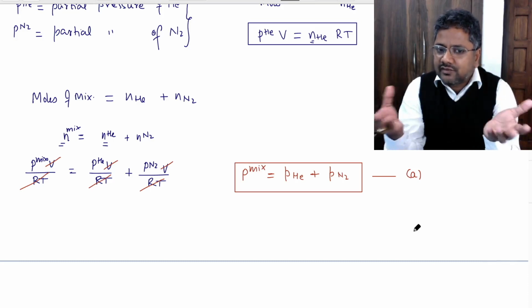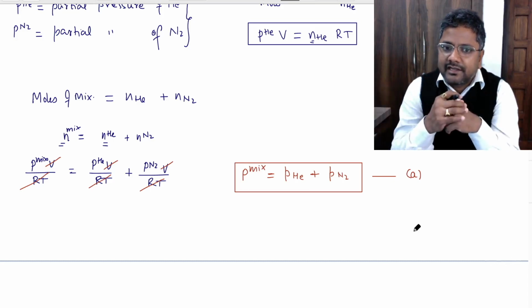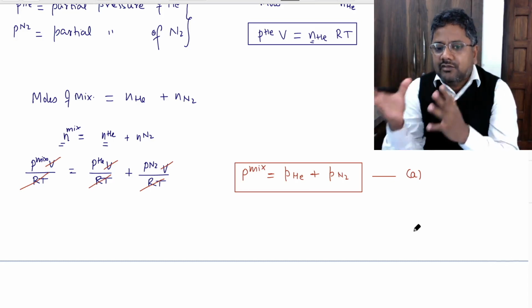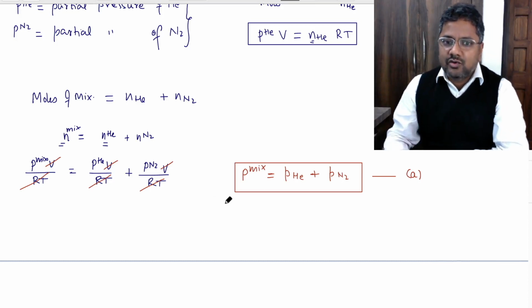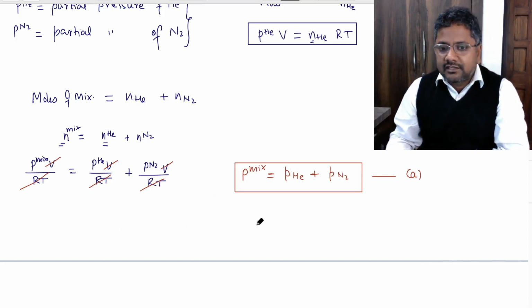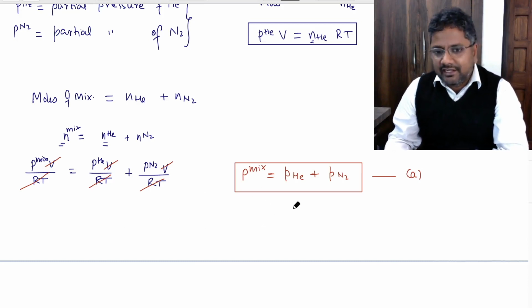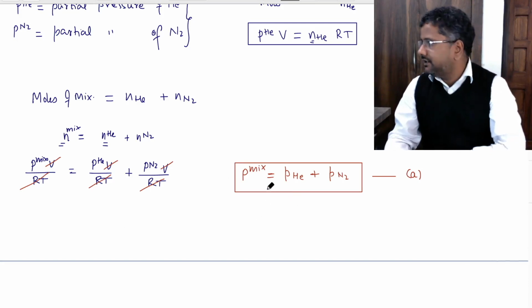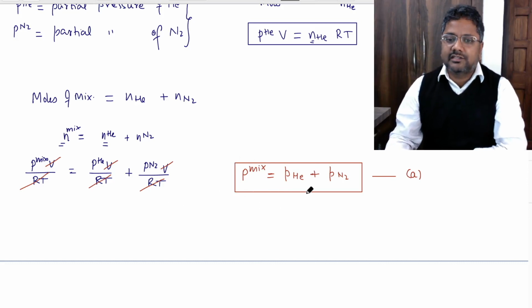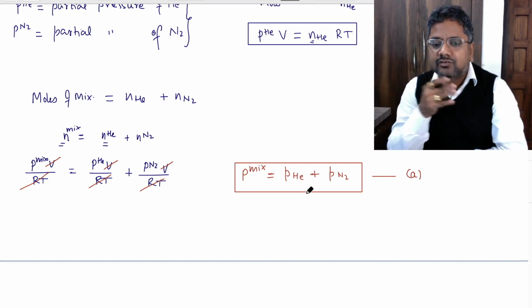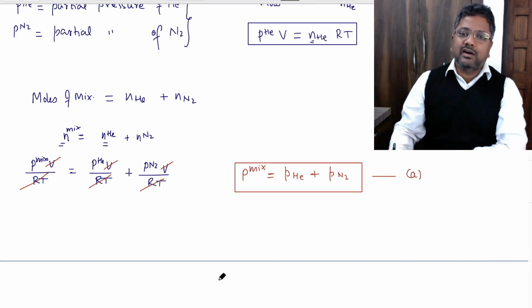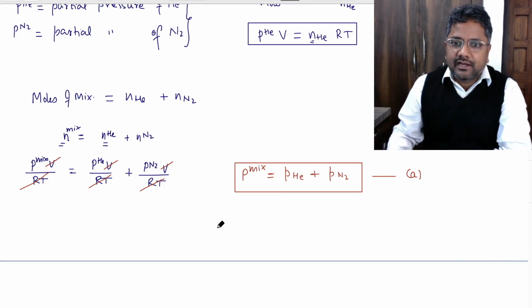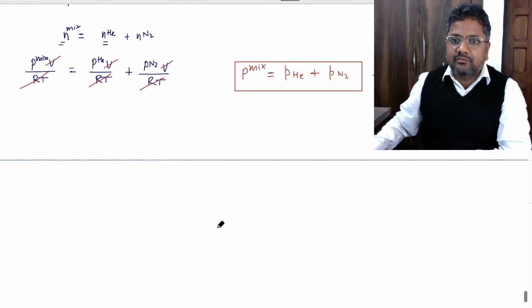In that situation, the total pressure of the mixture is equal to the sum of the partial pressures of each gas, under similar conditions of V and T. This statement is called Dalton's law of partial pressure.